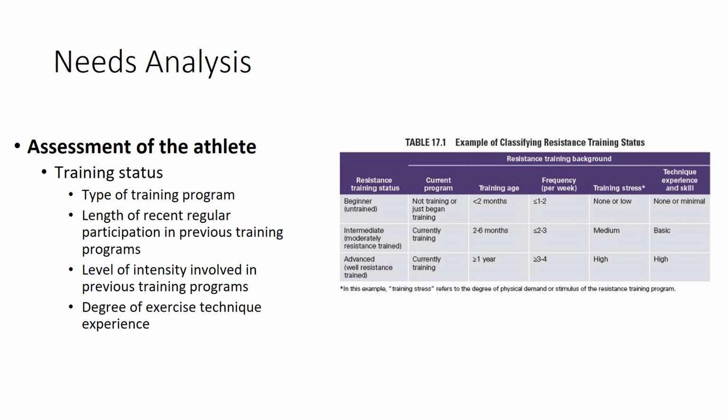Some will also use another criterion of having some percentage of strength based off the individual's bench press and squat. So it all depends on how you want to categorize these training statuses, but this provides a good example or guideline on the different training statuses for athletes and where they would fall.